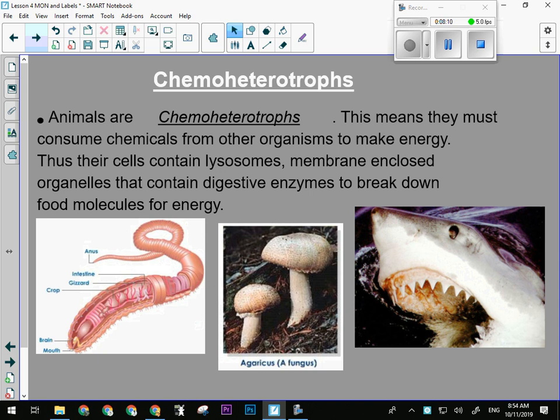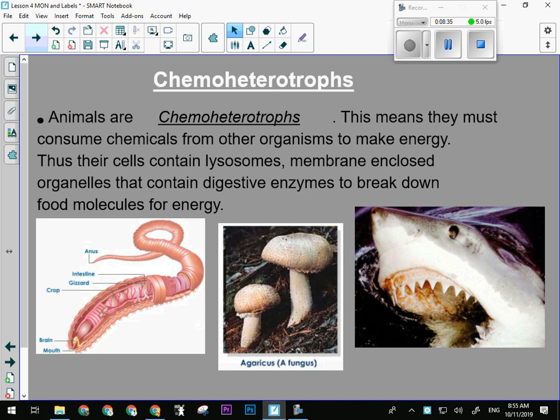So the first mode of nutrition is what we call a chemoheterotroph. Chemo meaning chemicals, hetero meaning others or many, and troph is feeding. So these are chemical other feeders. They get their chemical energy from other organisms by eating them. Animals are chemoheterotrophs.